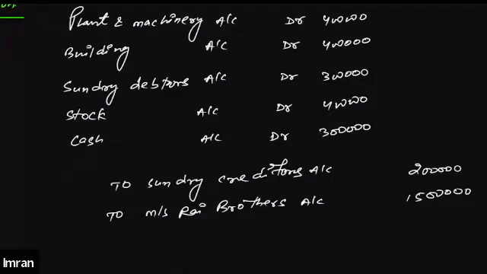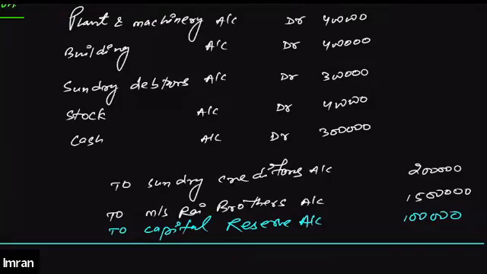Yeah. So we have a profit which will be transferred to capital reserve account. For that, I'll write down to capital reserve account. All right. And I'm sure all of you will be able to pass the narration for this journal entry. Got it? Is this clear, everybody?